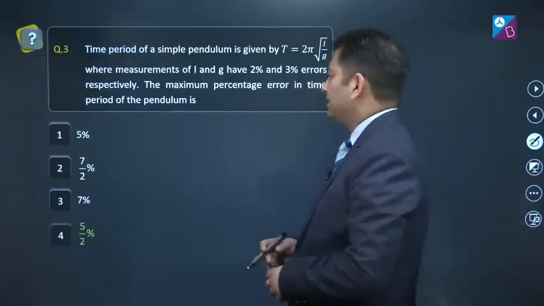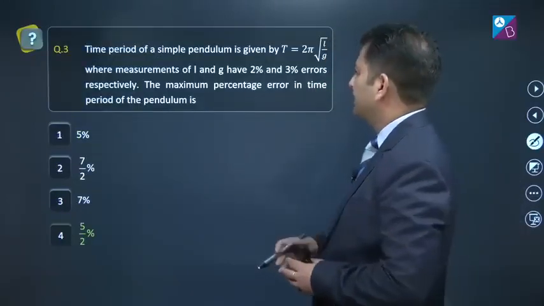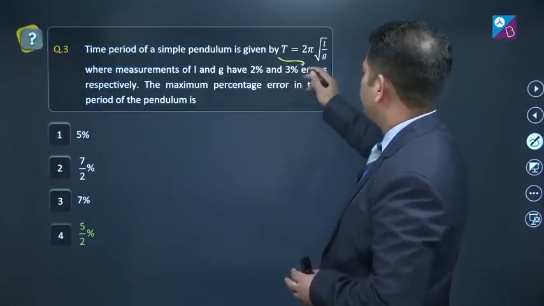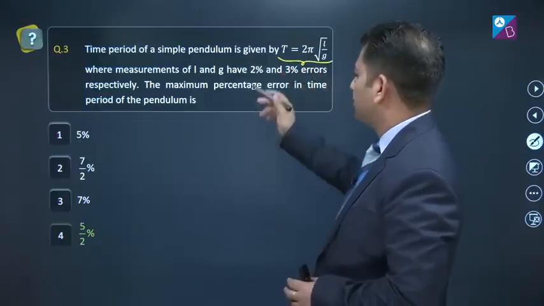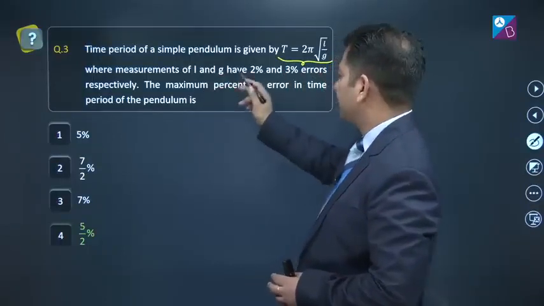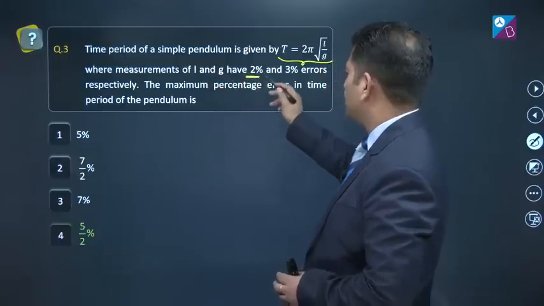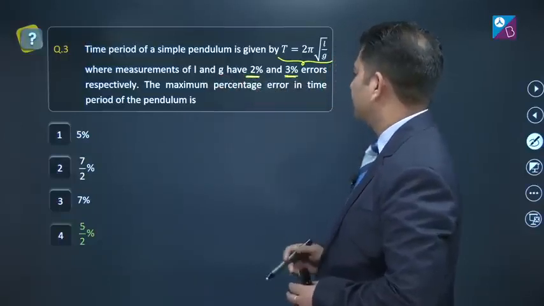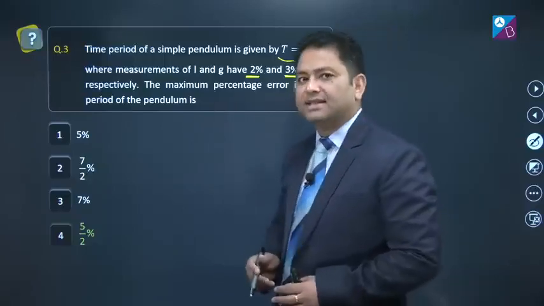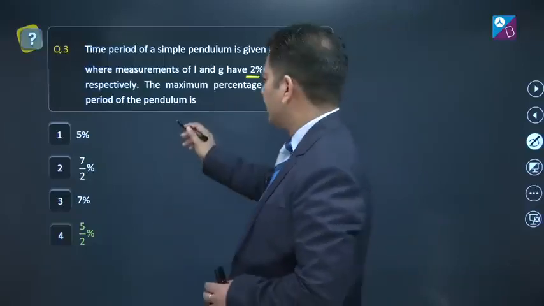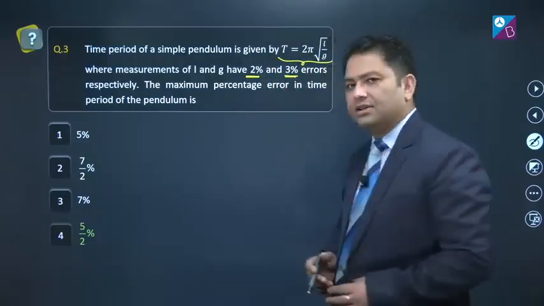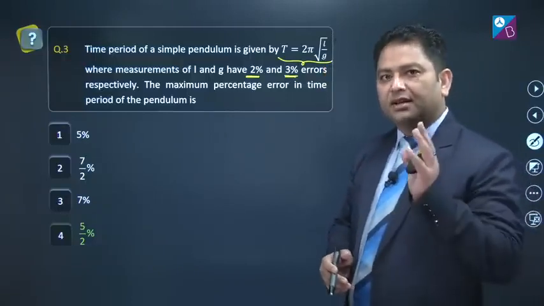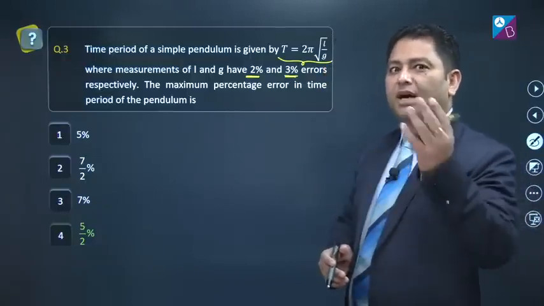Question number 3 is from errors and measurement. Time period of a simple pendulum is associated और percentage error in length and gravity हमें दिया गया है 2% and 3%. We got to calculate the maximum percentage. Now, you know, it's the case of error propagation in multiplication division with power.